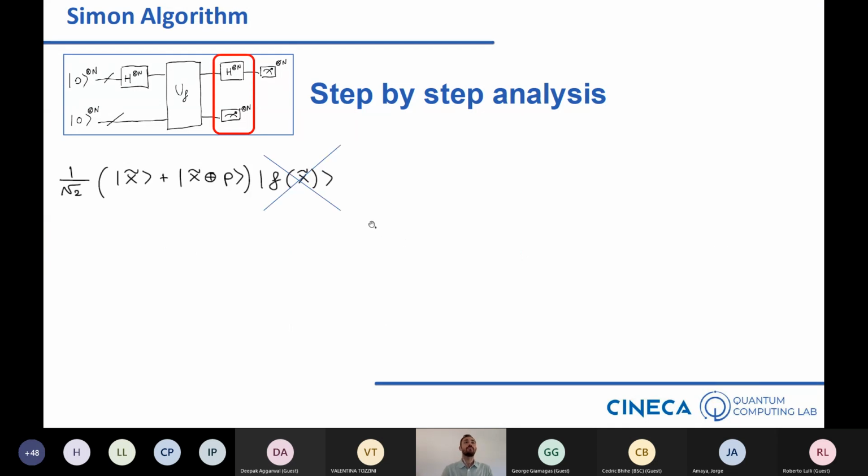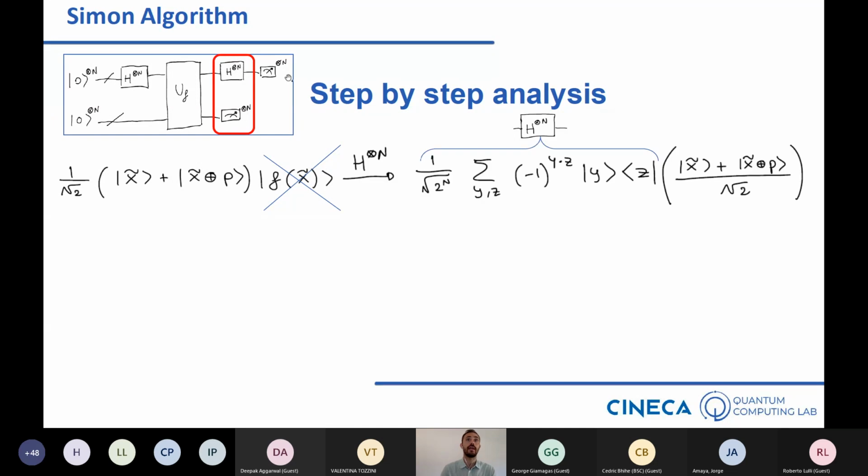At this point, we do not consider f of x tilde anymore, and we focus on the first register of qubits here, and we measure them again. We first apply the Hadamard gate on all of them. So this we know is the Hadamard, and we apply it to this state here.